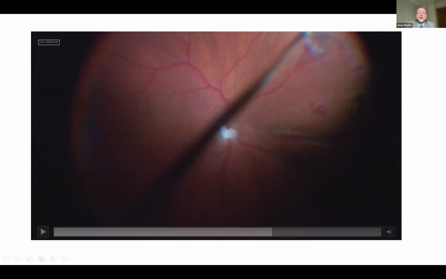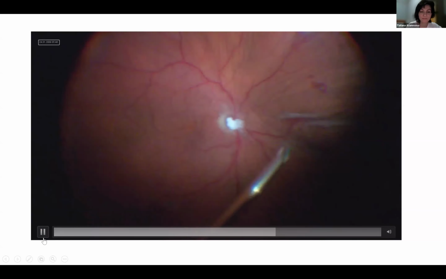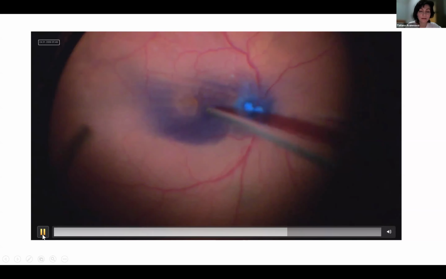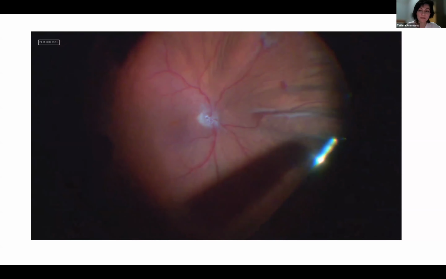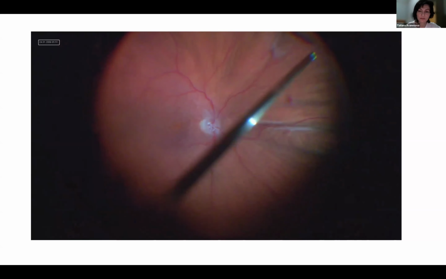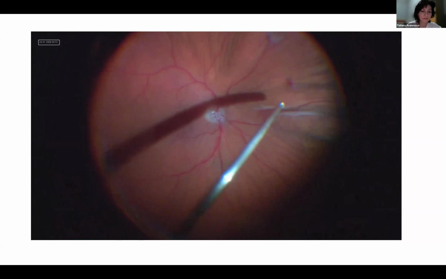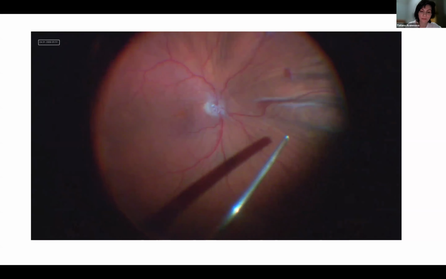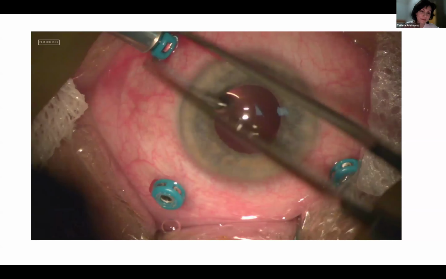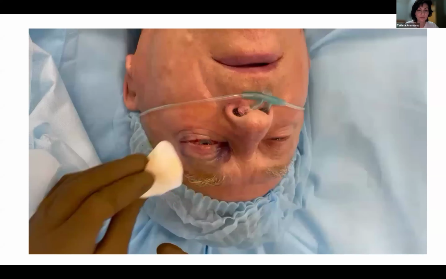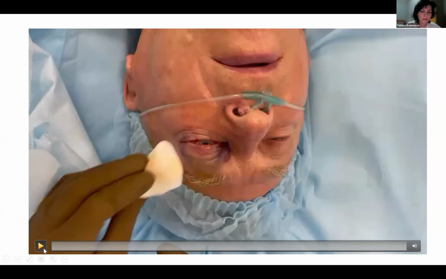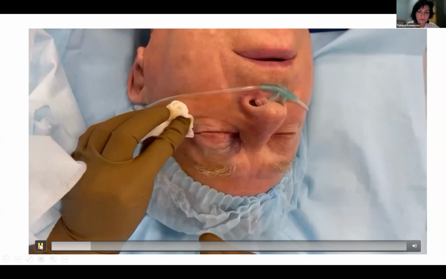Let's see what happened in your patient that caused that. Let's see. But I continued with the macular area, made sure that there was no traction, and this is the final moment inside the eye. But I saw something from the transparent part of the drape, and I decided not to do anything, because after the surgery, I asked the patient to move his eye.